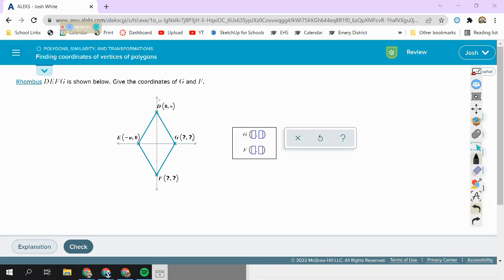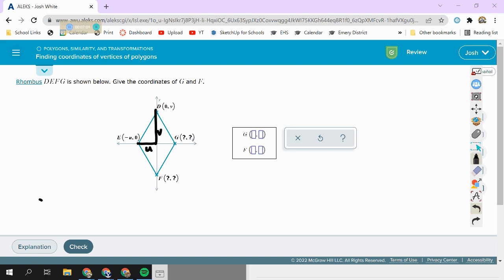All right. Here we have a rhombus. So a rhombus has 4 equal sides. We know that this length is U. We know that this length is V. So what would the coordinate of G be? How far to the right is G?